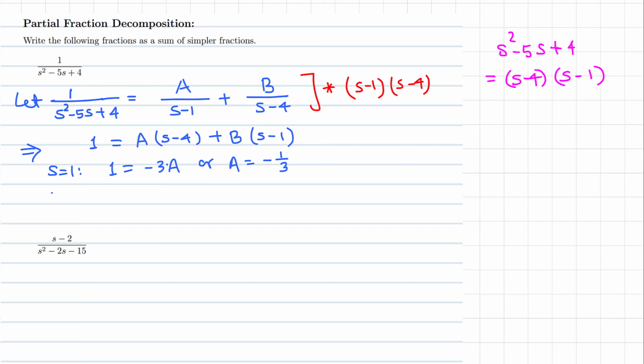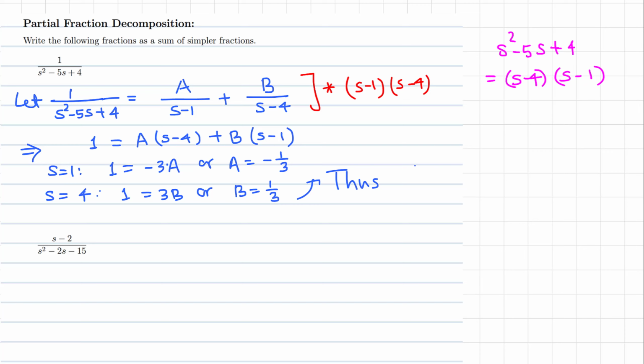In the same way, let's take s equals 4 to make this 0. So 1 on the left-hand side equals, this is now 0, plus 4 minus 1, 3b. That means 1 equals 3b, so b equals 1/3. So thus, let's go back here.